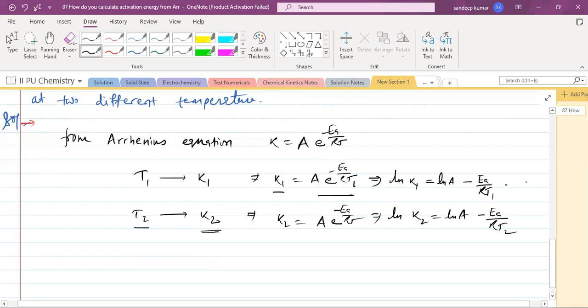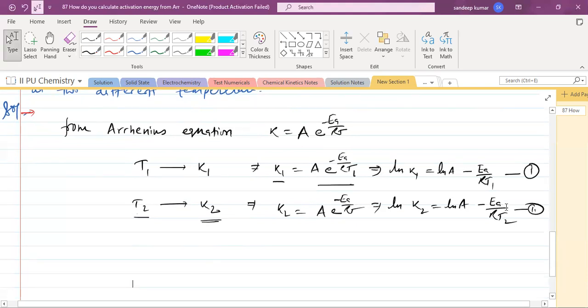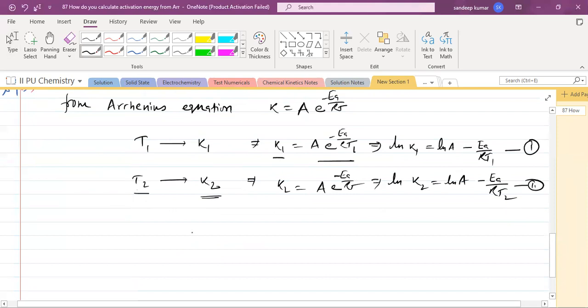Let it be equation 1, let it be equation 2. Now subtract equation 1 from 2.